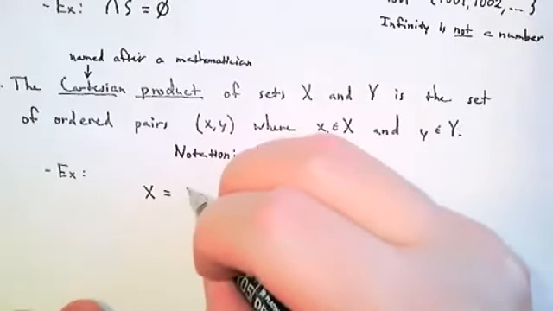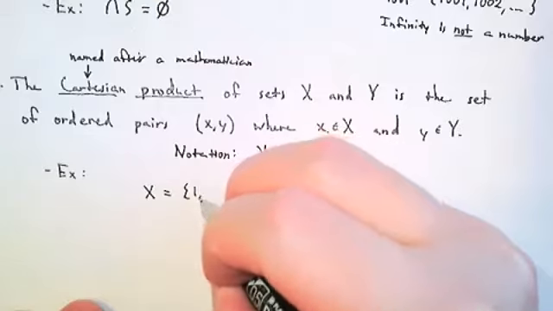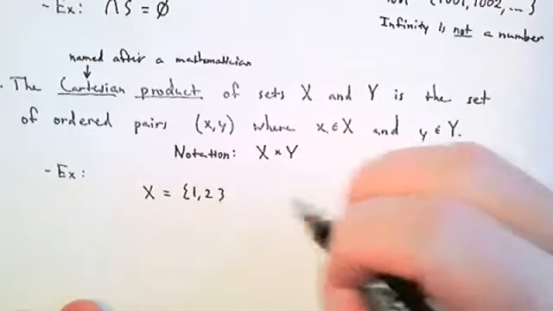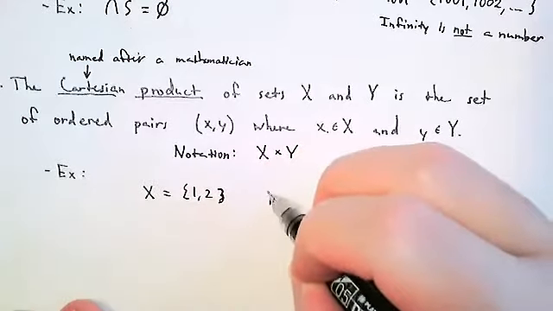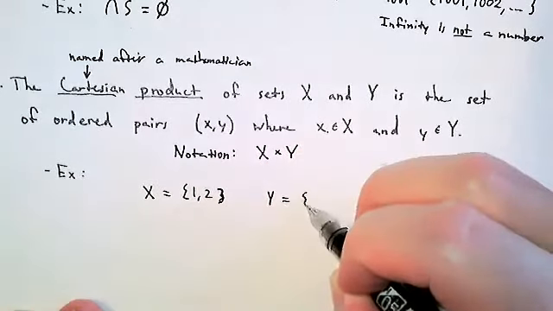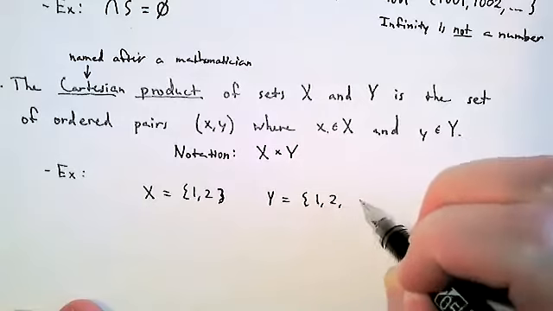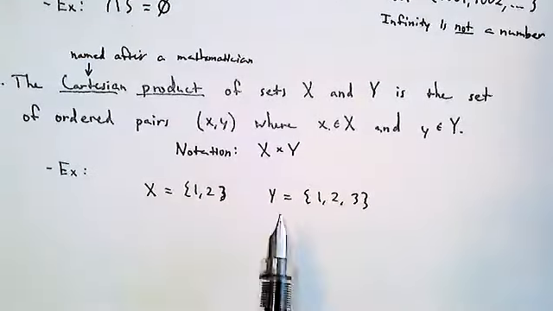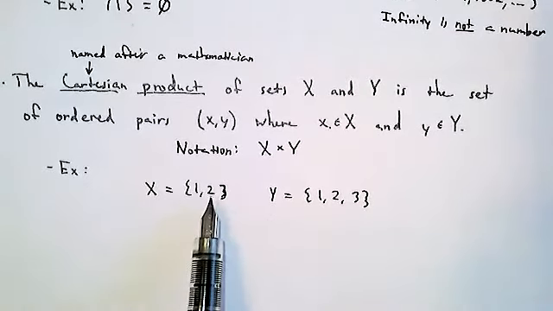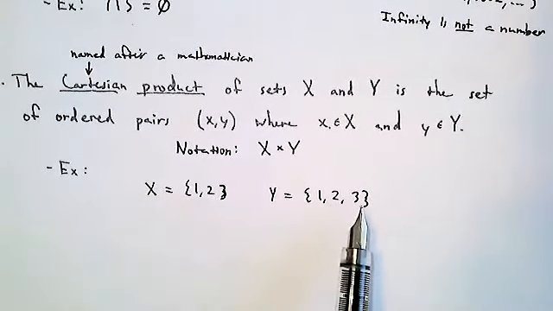And let's get a good concrete example here in the last minute. Let's look at two little sets. X is going to have 1 and 2. Y is going to have 1, 2, 3.